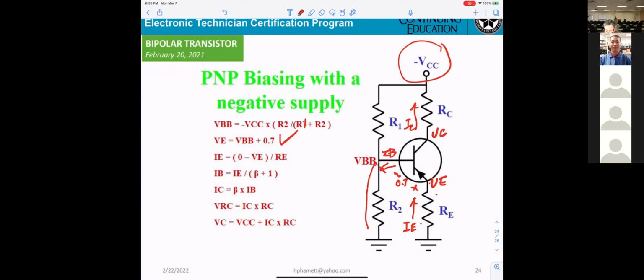After you get the IC, you multiply by RC, so that's how you get VRC.